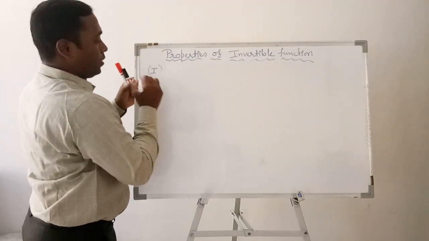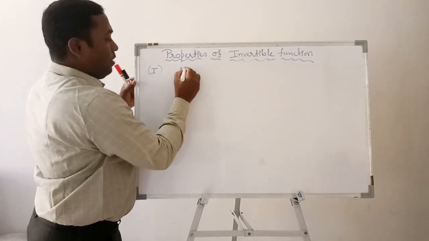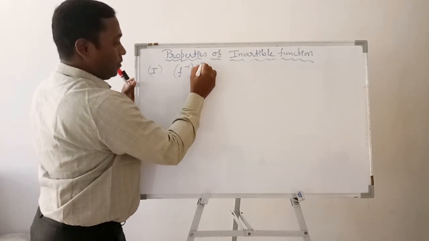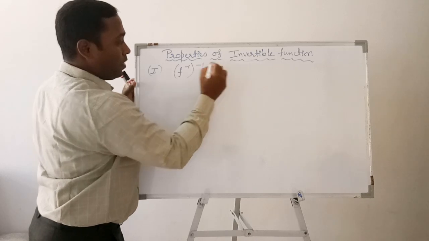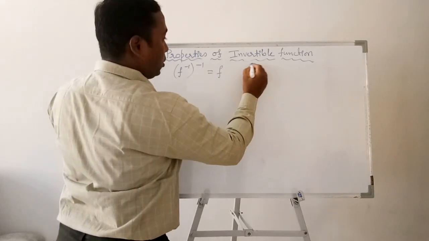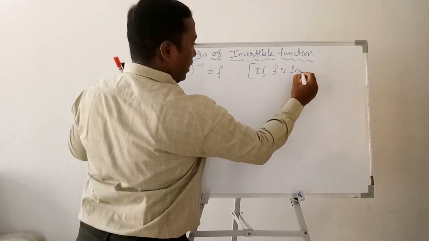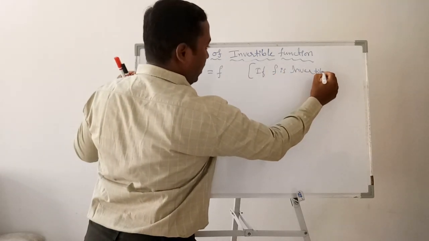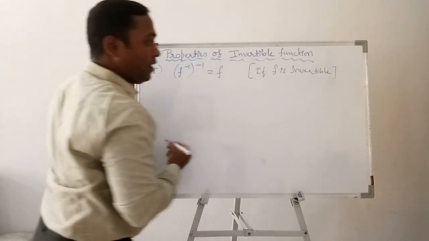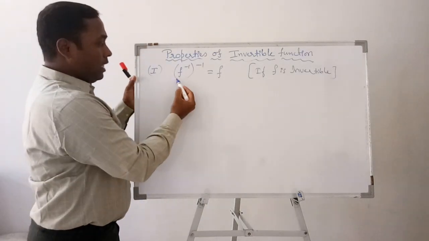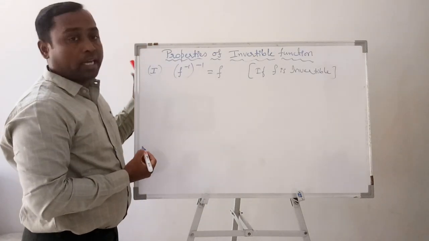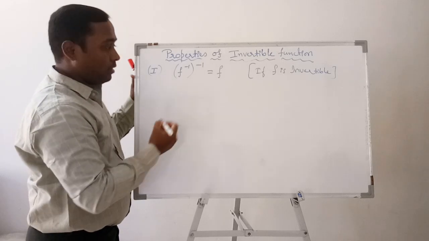The inverse of the inverse is the function itself, but the condition is that f is invertible. I repeat, if f is an invertible function, the inverse of the inverse is again the function itself.